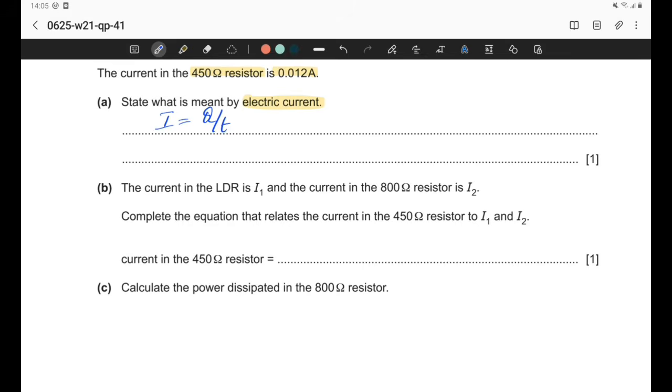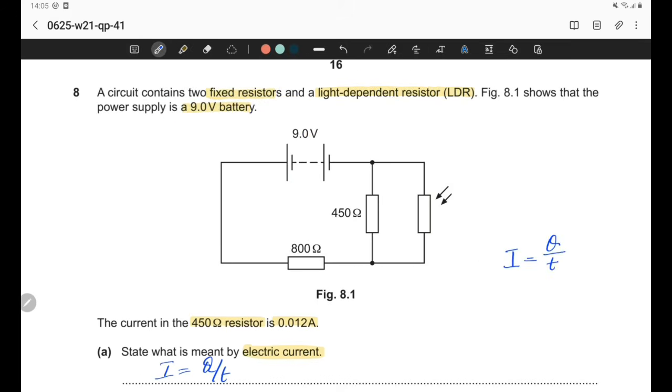So let's look at this circuit again, and we have to label the current in the LDR as I1 and the current in the 800 ohm resistor as I2. So the current in the LDR, which we should represent as I1, and we know that the current will always be flowing from the positive side of the cell to the negative side of the cell.